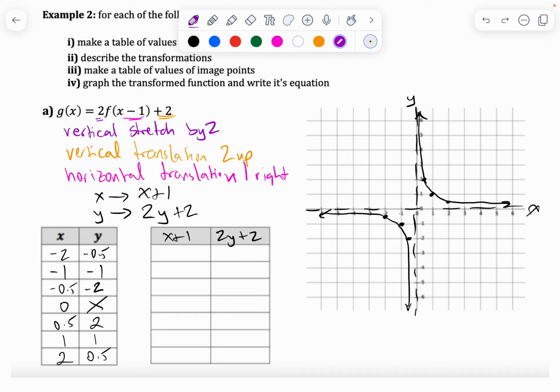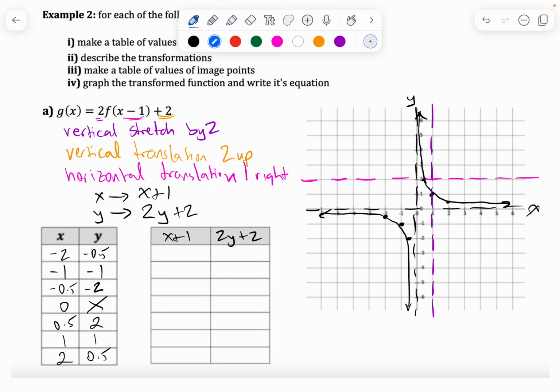So I get a new vertical asymptote 1 to the right. And the horizontal asymptote that was here is going to get translated 2 up. So I get a new horizontal asymptote there. Okay? So now let's calculate the points and make sure that they fit.